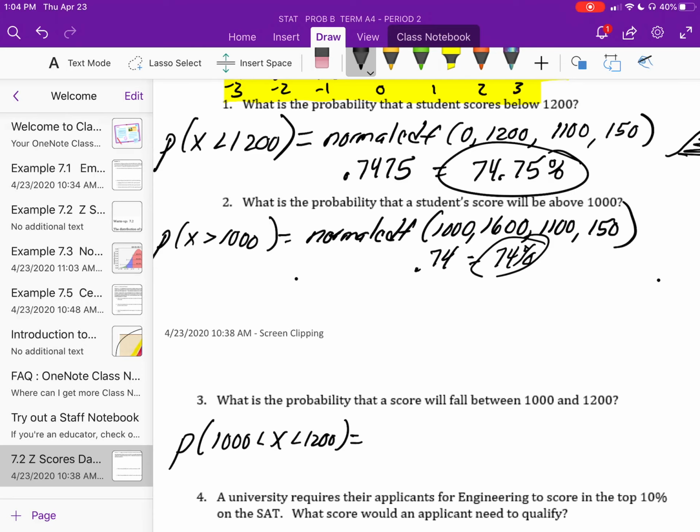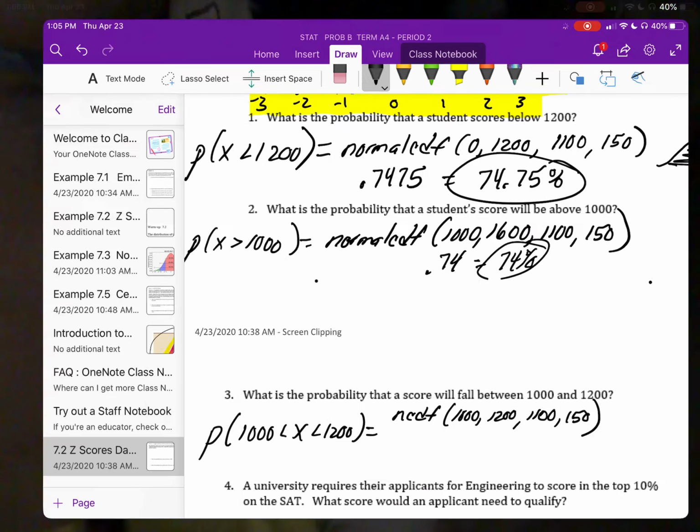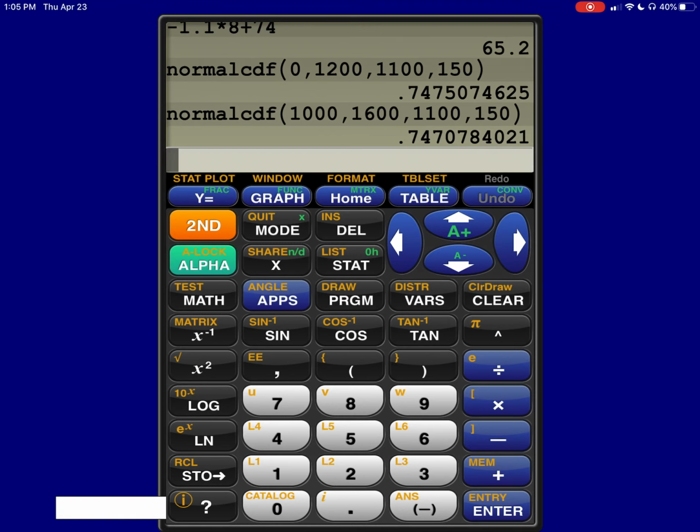I'm going to use an abbreviation here, NCDF. It's going to be between 1,000 and 1,200, mean of 1,100, and a standard deviation of 150. Let's hope our calculator does not lag this time.